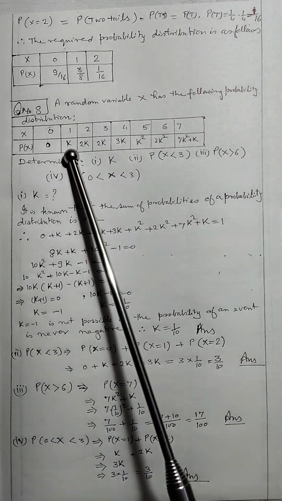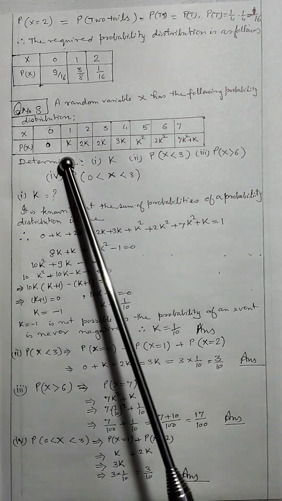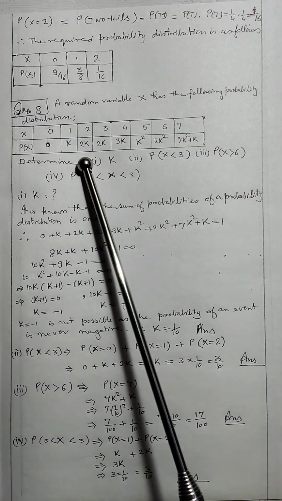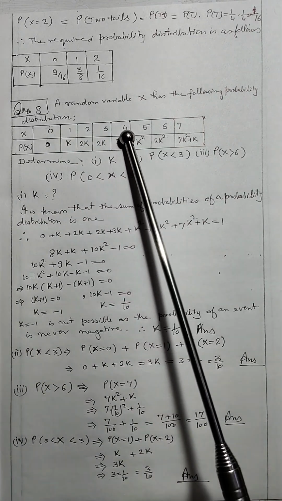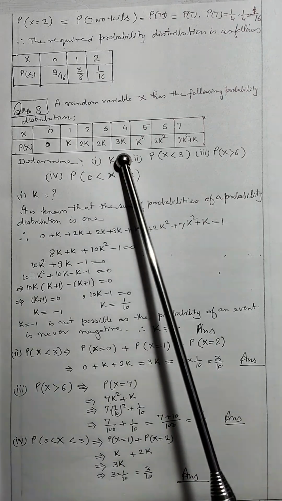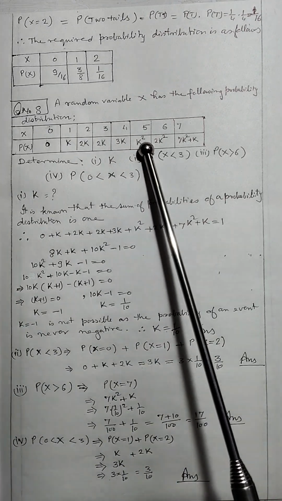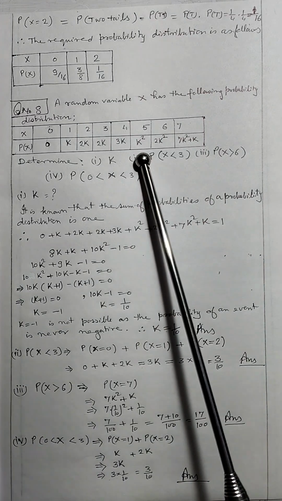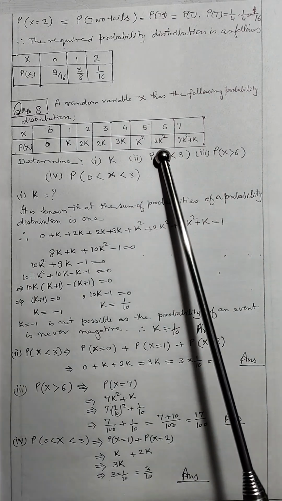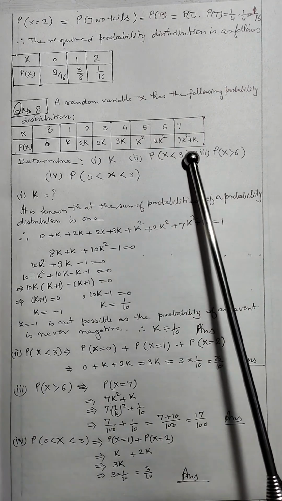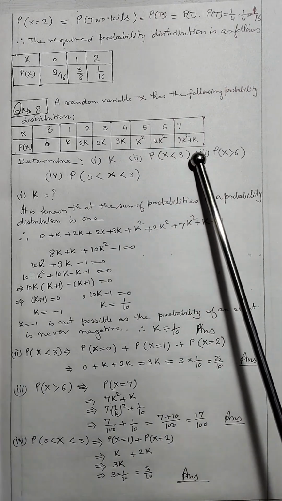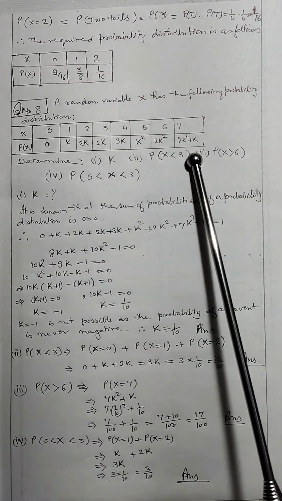It is given probability of 1 is k, probability of 2 is 2k, probability of 3 is 2k, probability of 4 is 3k, probability of 5 is k square, probability of 6 is 2k square, probability of 7 is 7k square plus k.